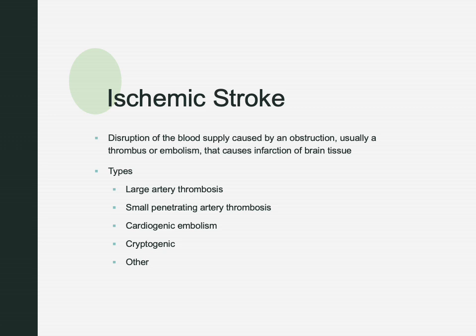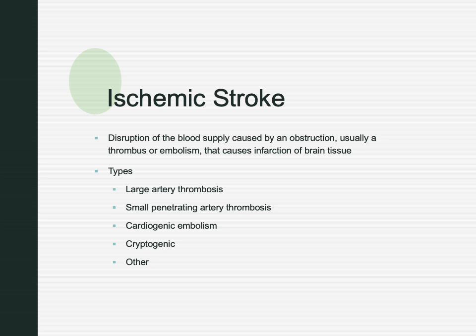You can have fat embolism, other things too, but ischemic stroke means that there's some sort of ischemia or loss of blood flow based on an obstruction. You could have a large artery thrombosis, small artery, all kinds, and we won't get into the weeds of the types of ischemic stroke. Basically, the large artery ones are typically caused by plaques, and small penetrating ones can affect more than one area.